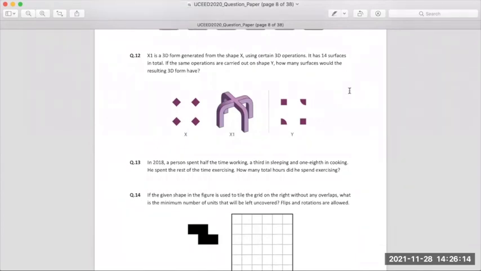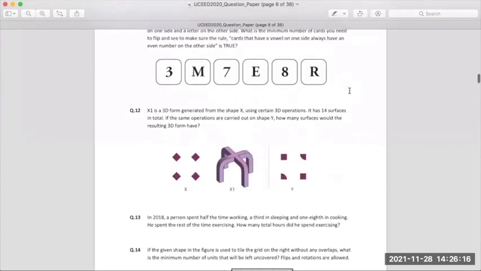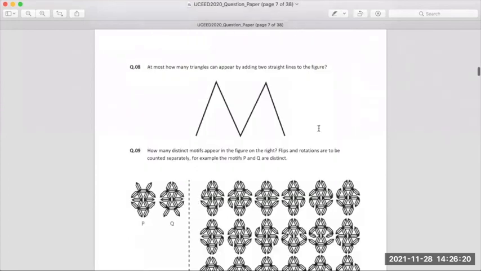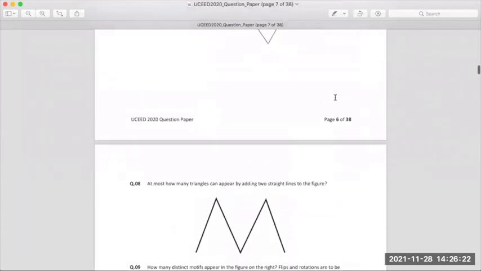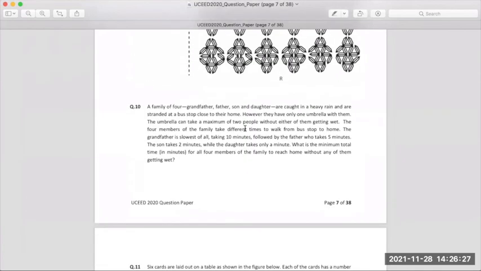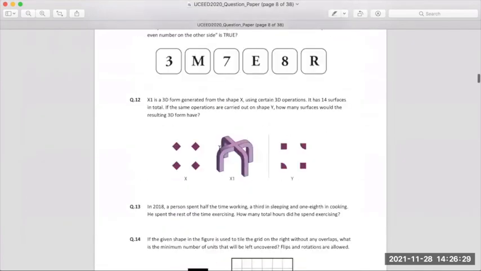Ma'am, if possible, can you send the PDF? I'll send it. I'll share it with Pratik and he'll share the PDF with you. Okay, 8, 9, 10, 11 and 12. We have done this kind of question before, right? Yes, ma'am. Fine. So try solving till 12.